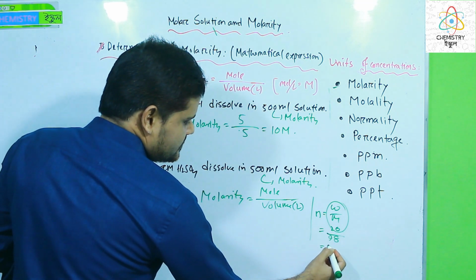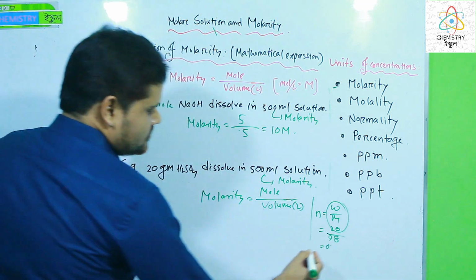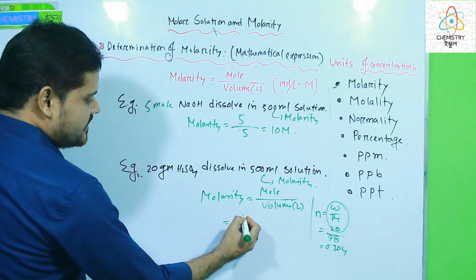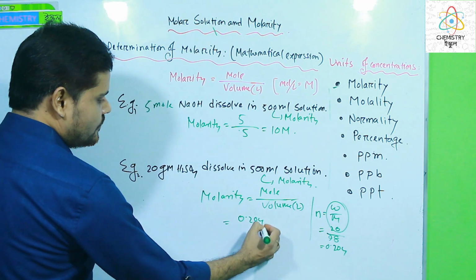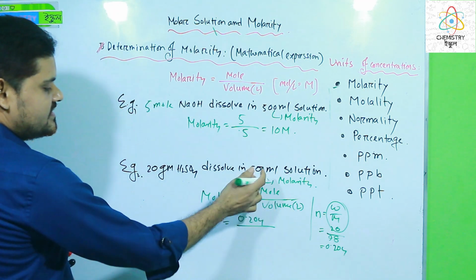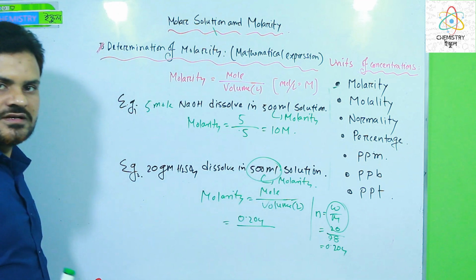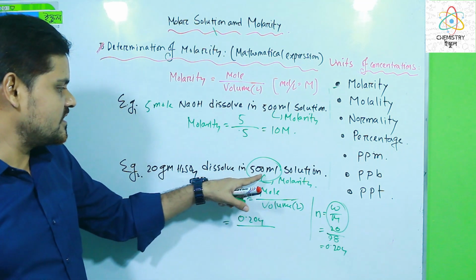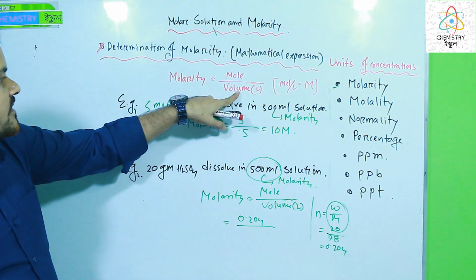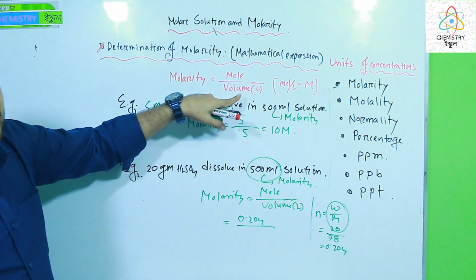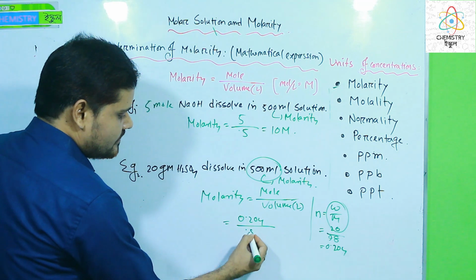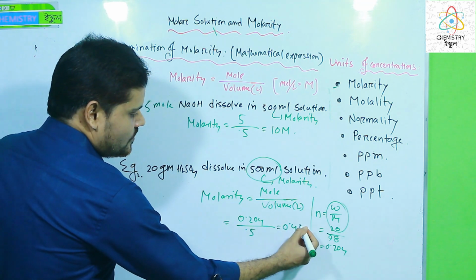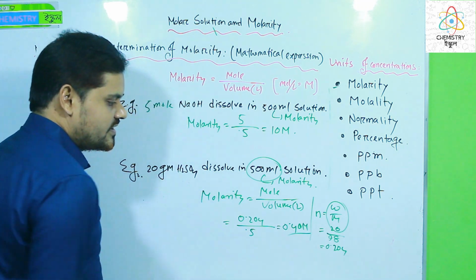So it will be 0.204, and now we can put this value in the equation: 0.204 by the volume, which is 500 milliliter. Dear learners, listen carefully here. You must convert this milliliter to liter, because in the equation we use volume in liter. So 500 milliliter means 0.5 liter, and we can easily get 0.4 molar, I mean the molarity will be 0.4.